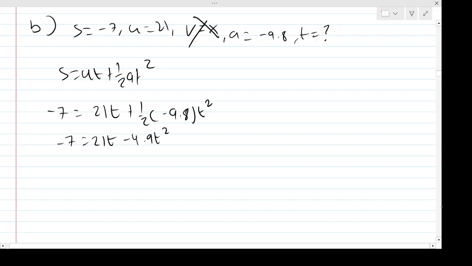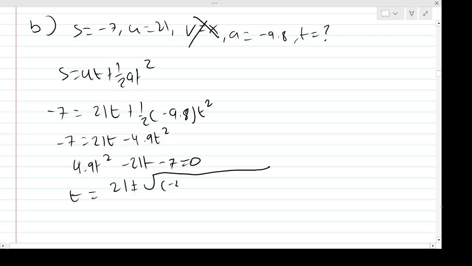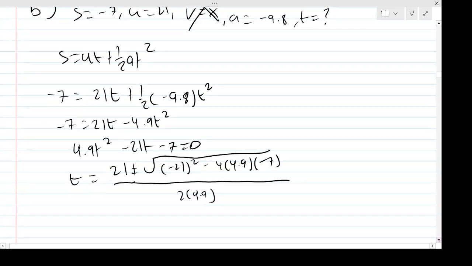So if I add the right side to the left, if I add 4.9t squared, and -21t, minus 7 equals 0. Then I can solve this quadratic. So if I put it in the formula, 21 plus or minus the root of -21 all squared minus 4 lots of 4.9 times minus 7, all over 2 lots of 4.9. So just put it in the quadratic formula to get the values of t.